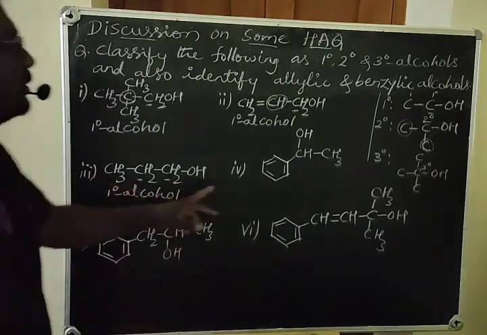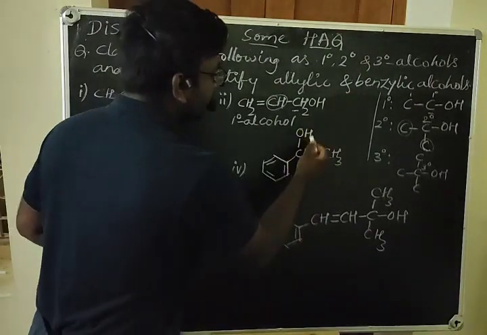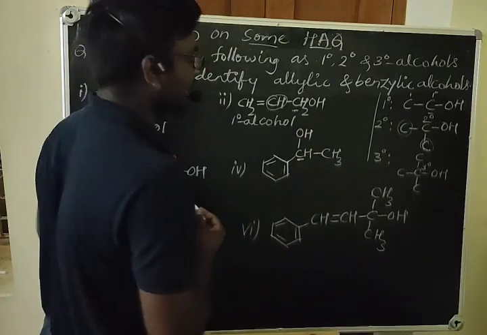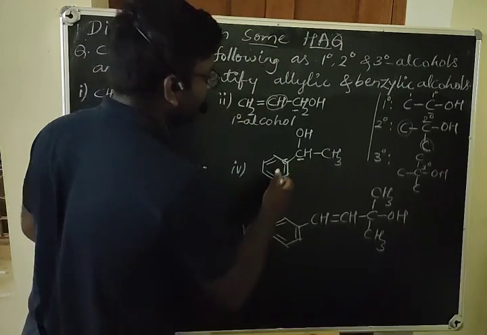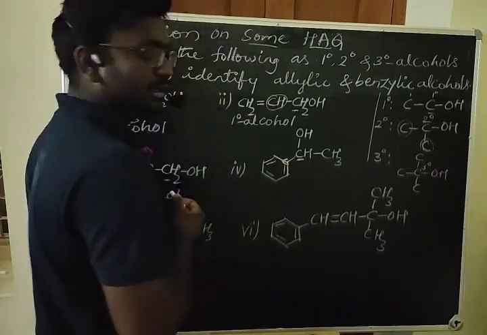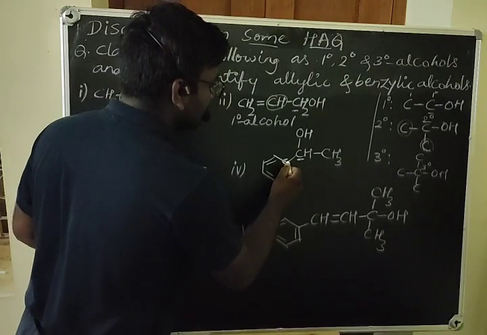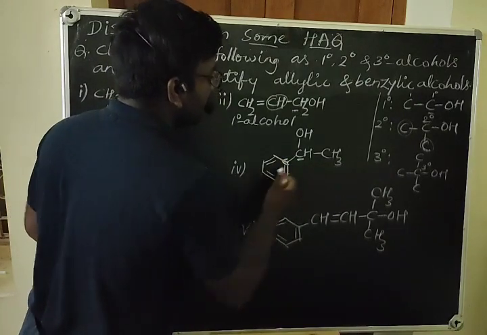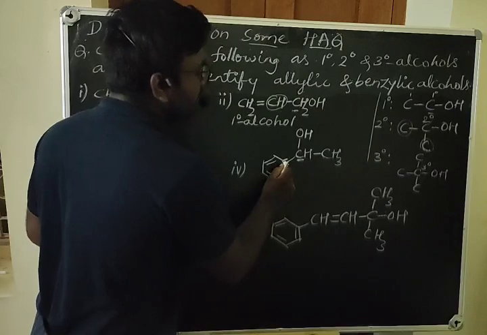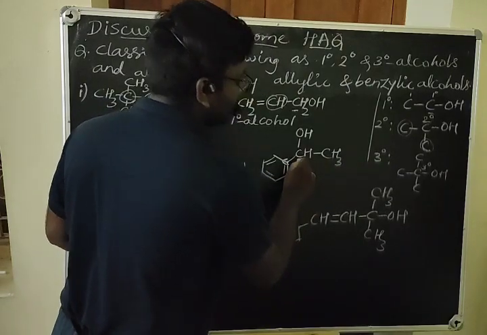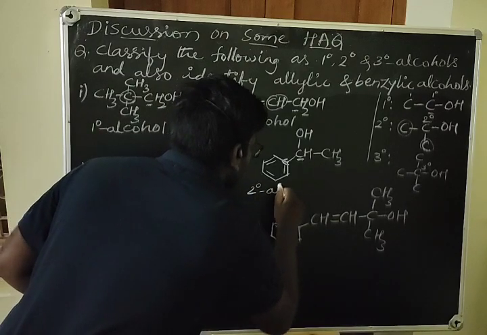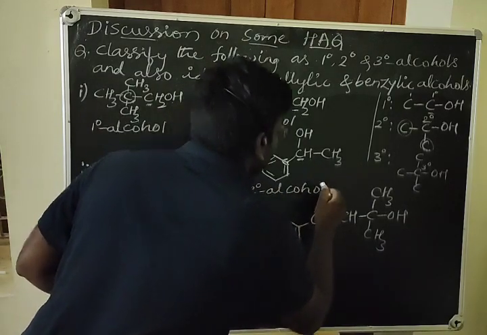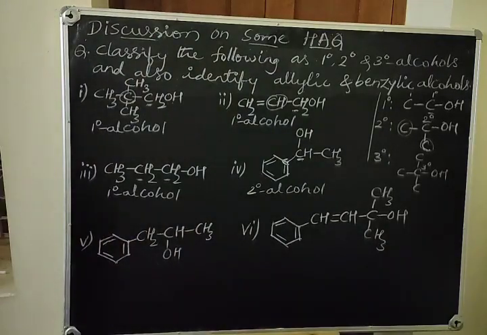Come to this compound. The OH containing carbon is linked to this carbon. Here it is a benzene ring, which has a carbon atom at all these positions. Now this carbon is linked to this carbon and this carbon. Hence, this carbon is a secondary carbon, and the alcohol is a secondary alcohol. Now come to the fifth compound.